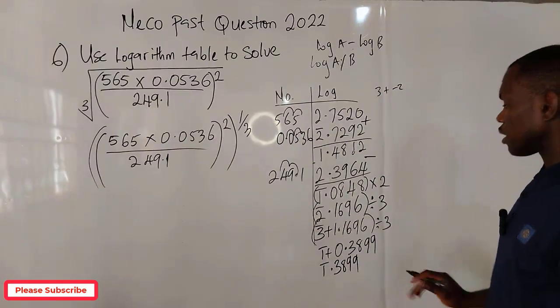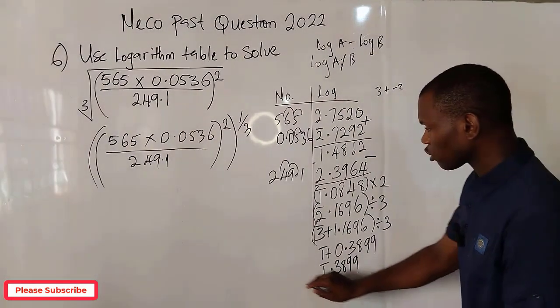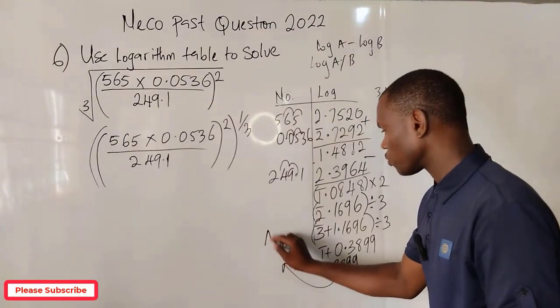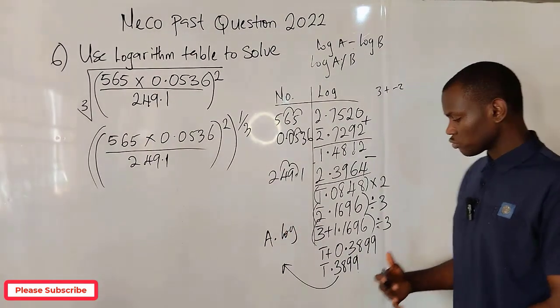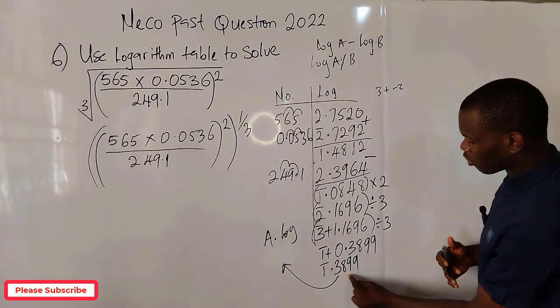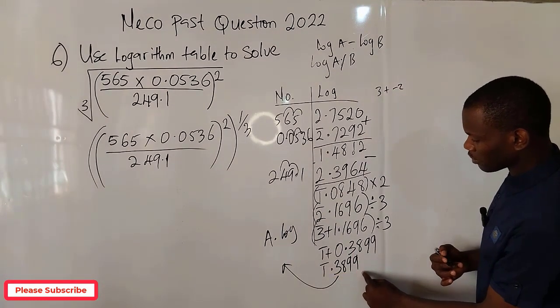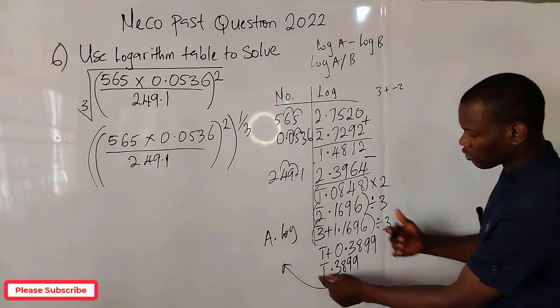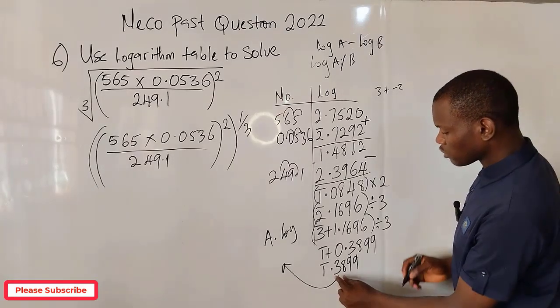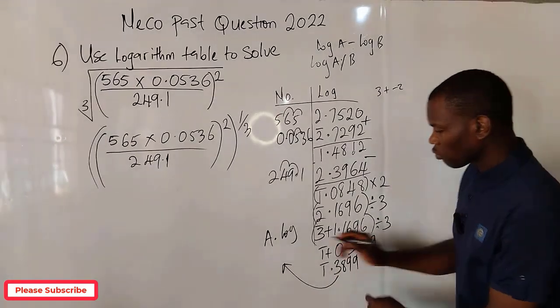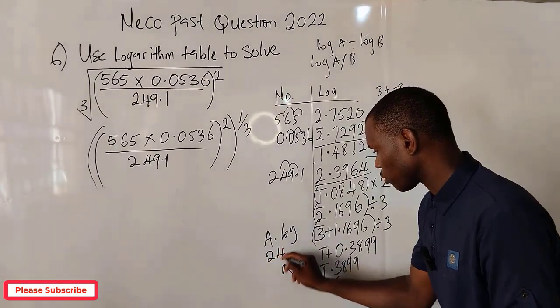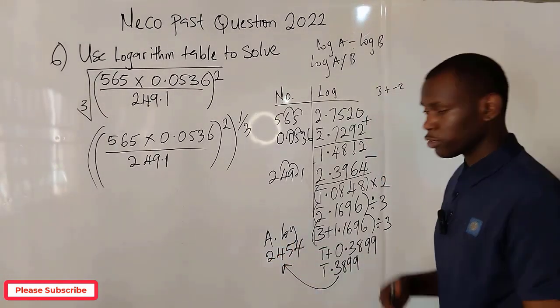So at this point, we check for the anti-logarithm, which is the solution we are looking for. We use our logarithm table to check for 38 under 9, difference of 9. Forget about this one for now. I'll tell you what to do with it. So if we check for 38 under 9, difference of 9, we'll have 2454 from the logarithm table.